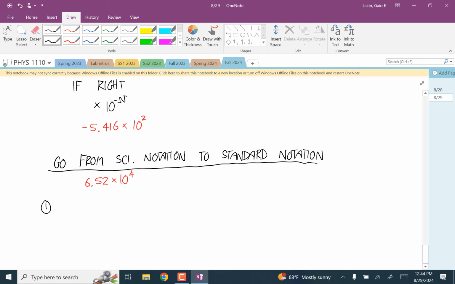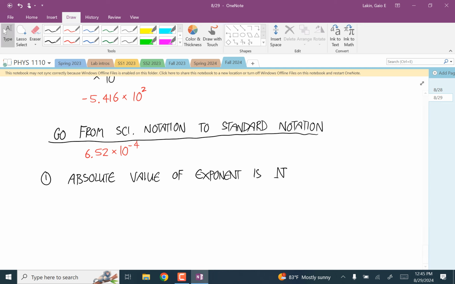So the first step is the absolute value of the exponent. We're going to call it n. Let's do this with a negative exponent for the example. So for this example, n is equal to just 4. We're just taking the absolute value.